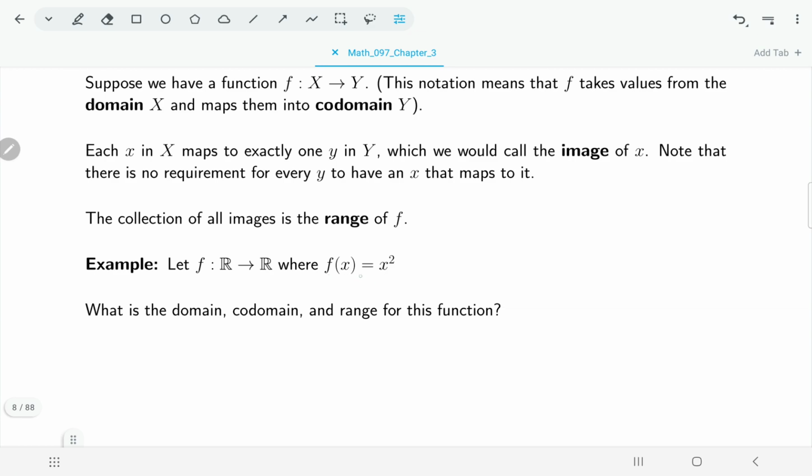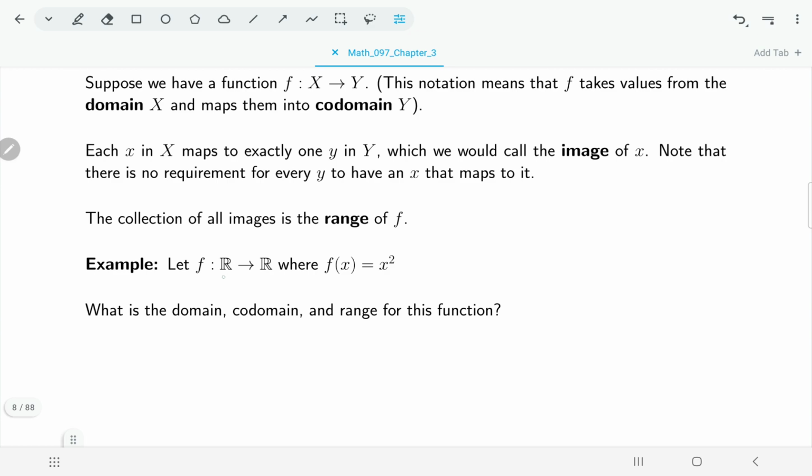Here, f of x is equal to x squared. So this is telling me that if I put in a value for x, to find the value for y, I'll square it. But then we've got this little curious thing at the beginning, and this is telling me what sort of x values I'm using and what sort of y values I'll be getting out of it. Here, the funny script letter R is a symbol for the real numbers.